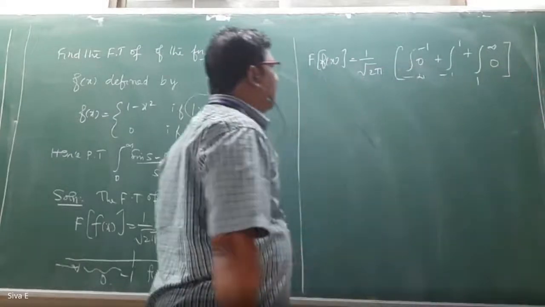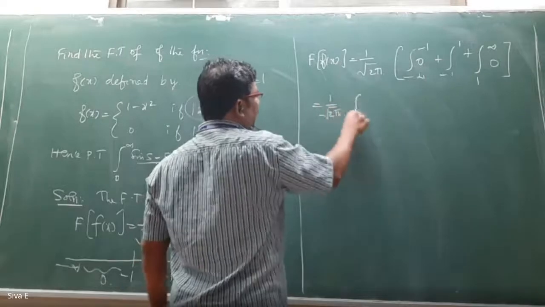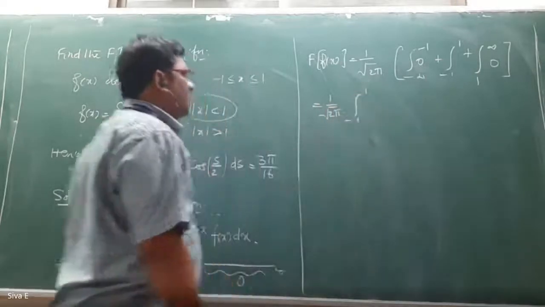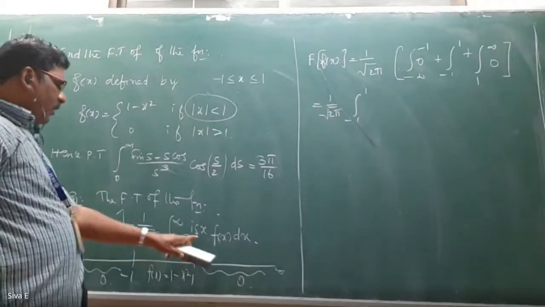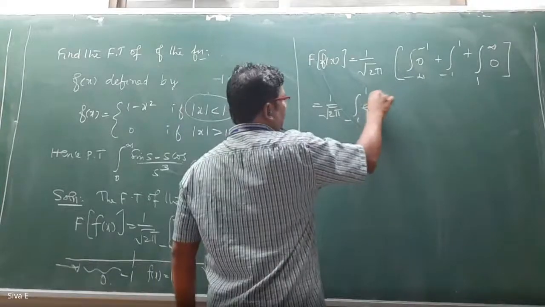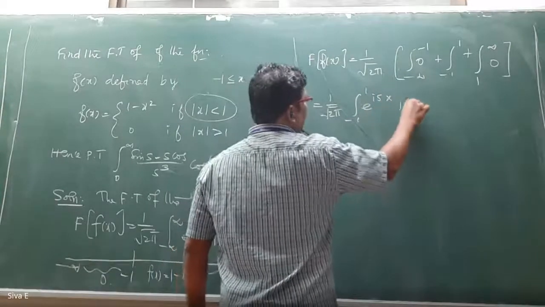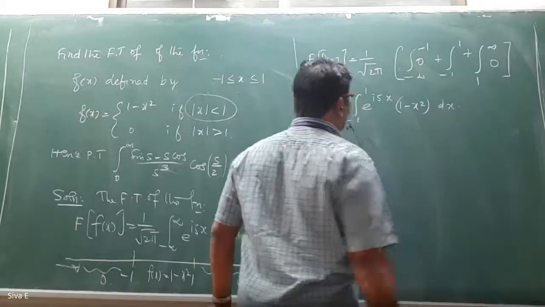Therefore, you can write this as 1 by root 2 pi, integral from minus 1 to plus 1, e power isx f of x dx, where f of x is 1 minus x square, dx.